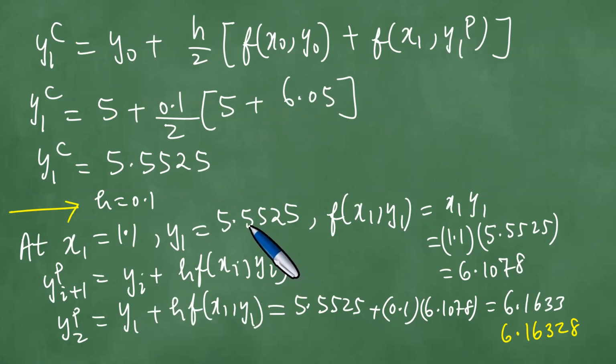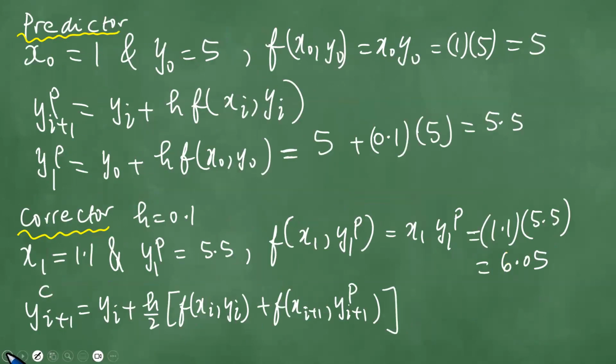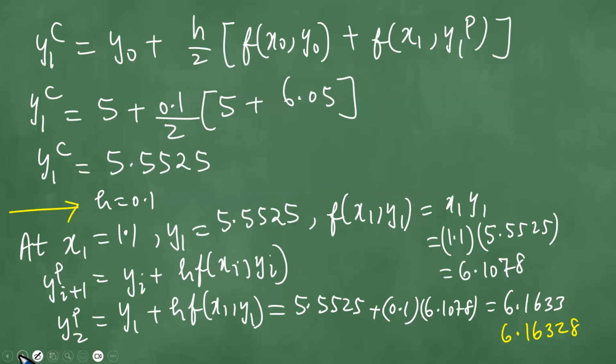You've already got the y1, which is exactly that. It's the same y0 we used in both the corrector and the predictor, so we're going to use the same y1.